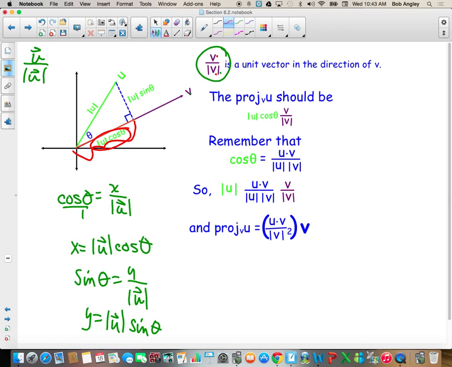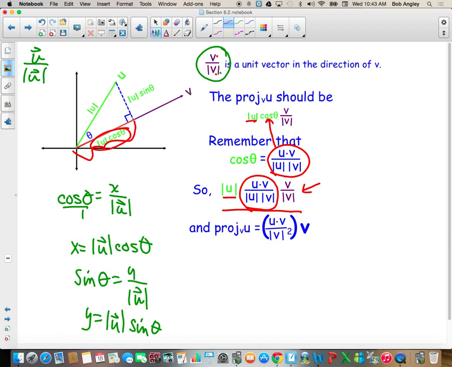Now, remember that the angle between the vectors, the cosine of theta, was the dot product over the length of u times the length of v. So what we're going to do is put this where that was, and it gives us this statement right here. There's our magnitude of u, and in place of the cosine we have all this, and this is our unit vector in the direction of v.